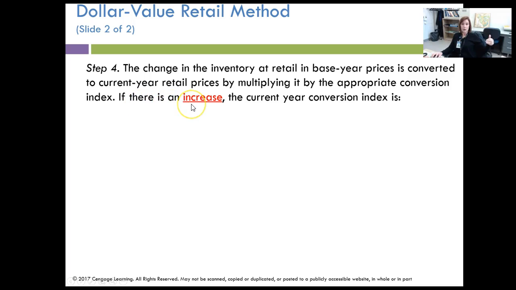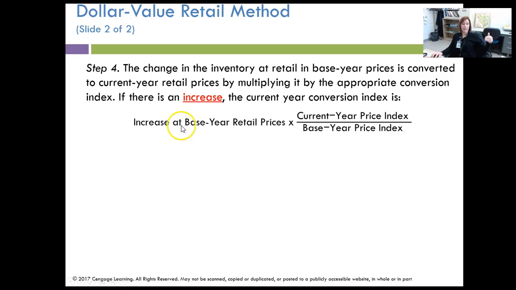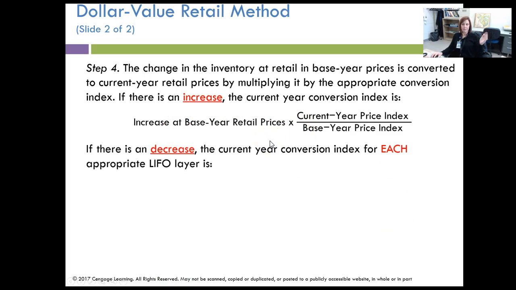If there is an increase, the current year conversion index is used this way, and I won't say it because I'll just confuse it. If there's a decrease, the current year conversion index is applied to each of the LIFO layers. So increase, you have one calculation.